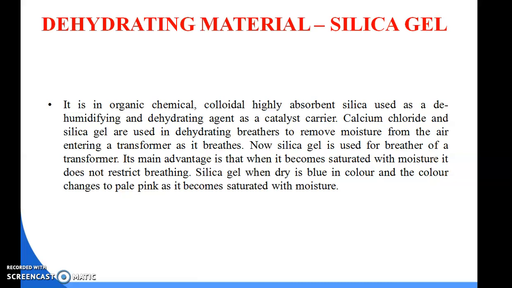It is an inorganic chemical or colloidal, highly absorbent silica used as a dehumidifying or dehydrating agent and as a catalyst carrier. Calcium chloride and silica gel are used in a dehydrating breather to remove the moisture from the air entering a transformer as it breathes.